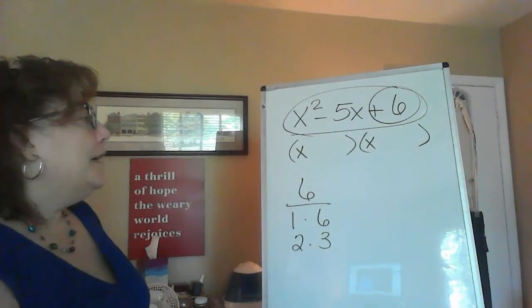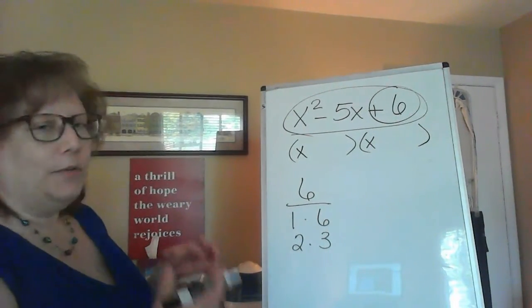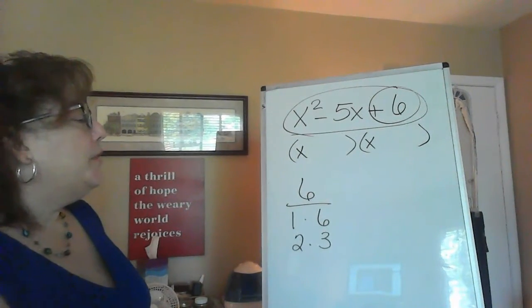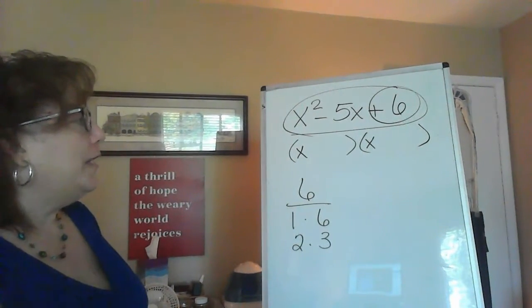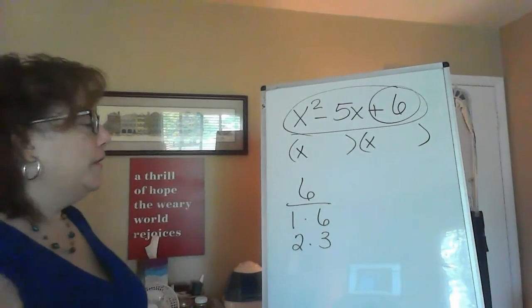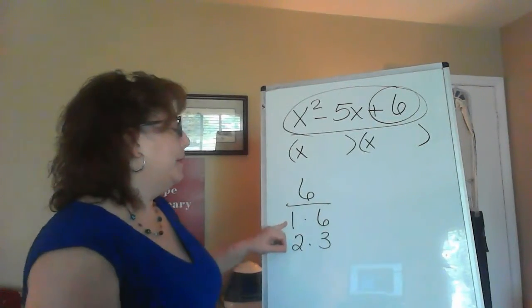Now the third thing that I want to do, and I'm going to go through this problem, and then I'm going to write down the steps for you. The third thing I want to do is place one of these combinations up there in the parentheses. So I'm either going to place the 1 times 6 or the 2 times 3.